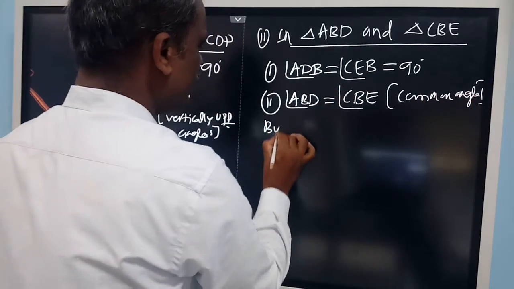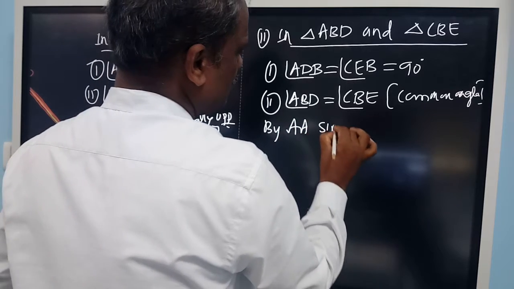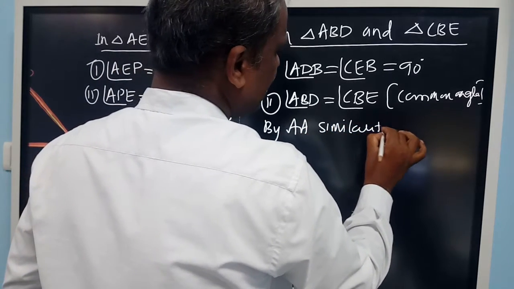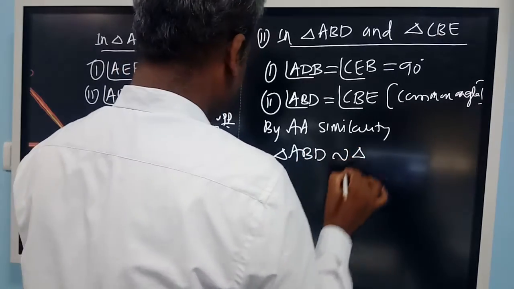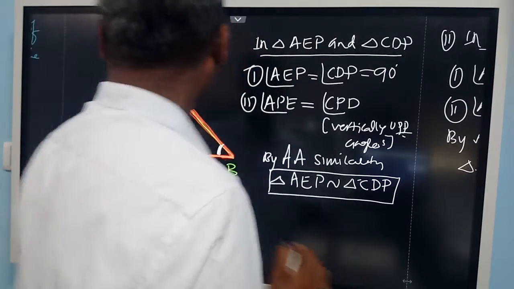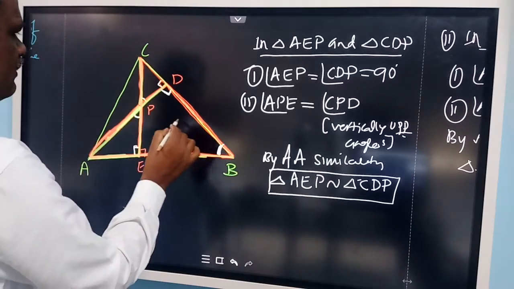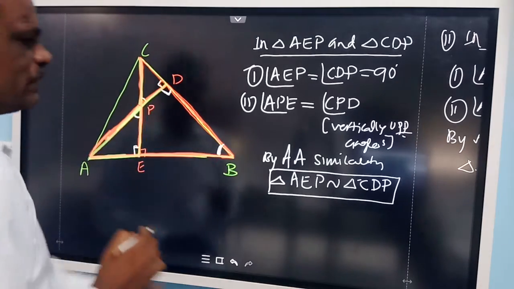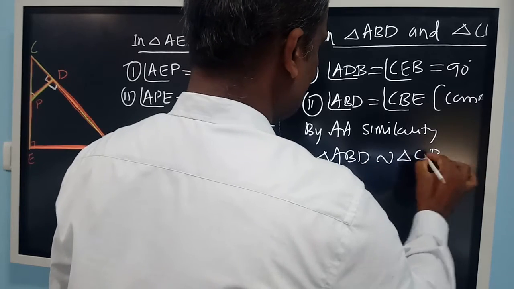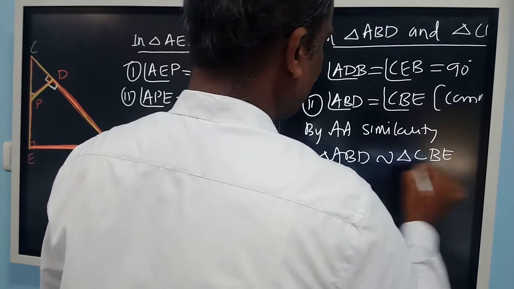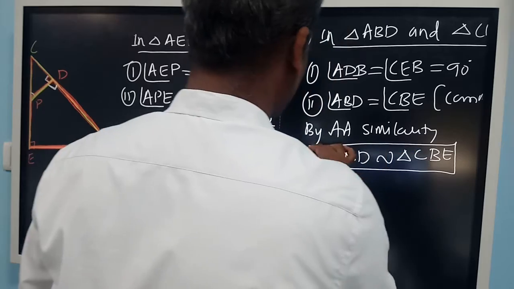Therefore, again by AA similarity, triangle ABD is similar to triangle CBE. For A it must be C, B and B are common angles, and for D it is E. So hence we proved the second one.